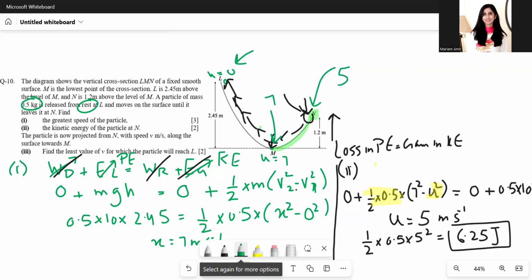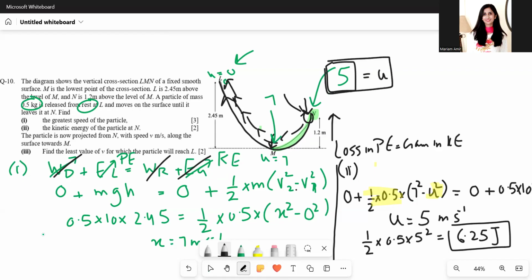Now, in the reverse direction, if the particle needs to reach back to the height of L, it needs to start with 5. So at least if the speed is 5 at N, only then this particle will reach L at the top. Otherwise, if it's even slightly less, it won't reach L.